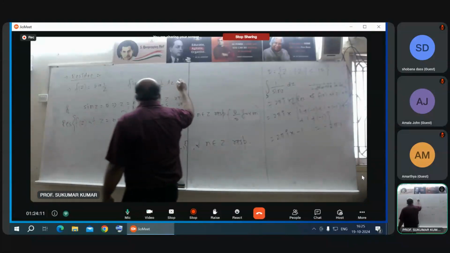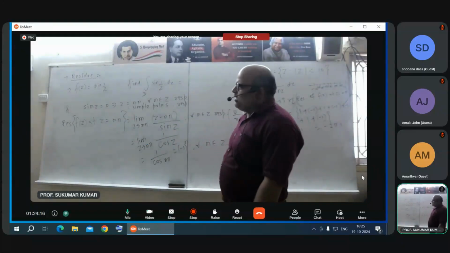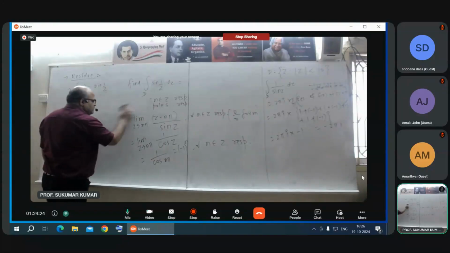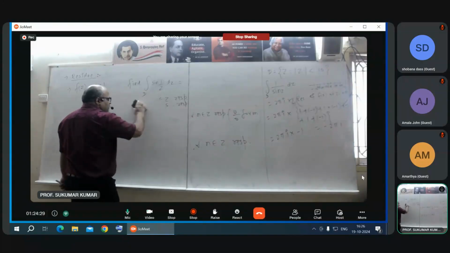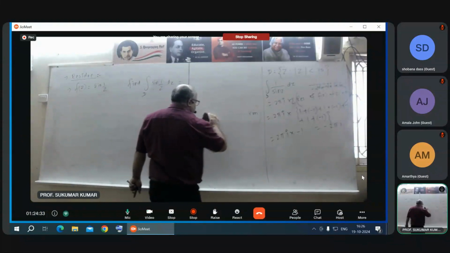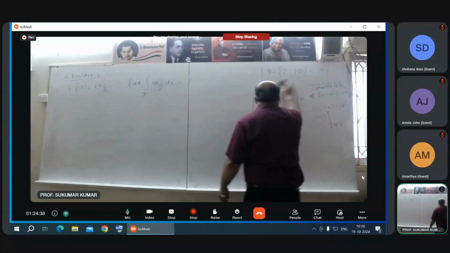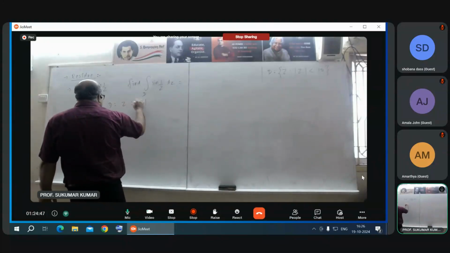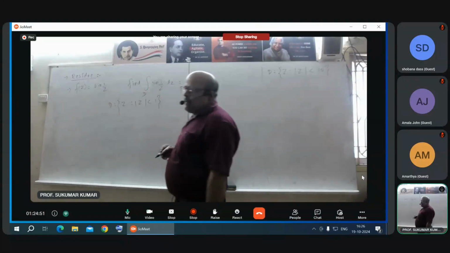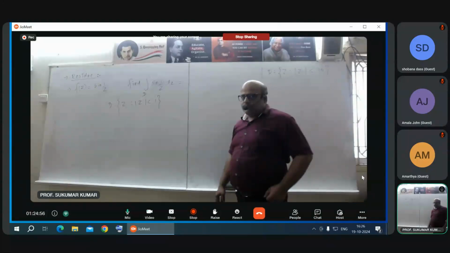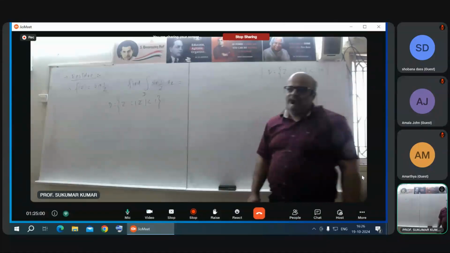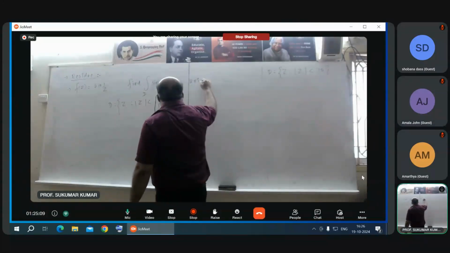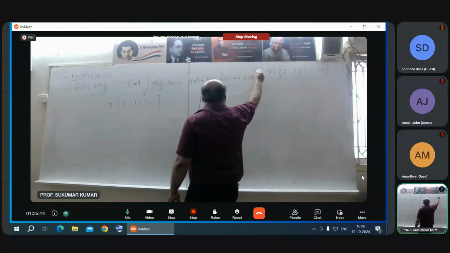What is the integral value? Integral answer. Domain is same, you can choose. 2 pi i into residue of f of z at z is equal to 0.